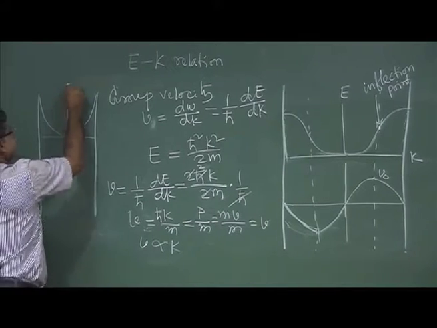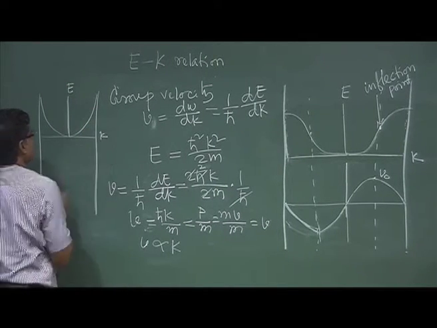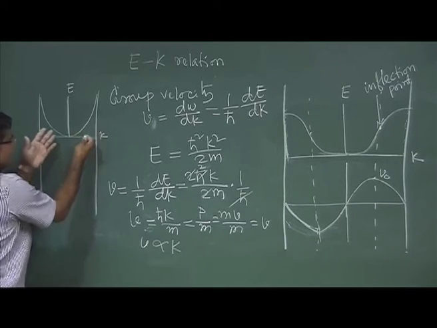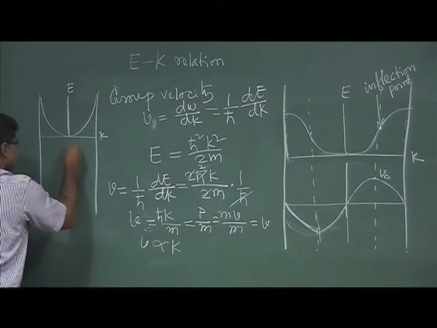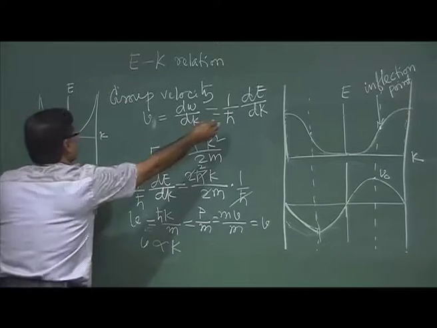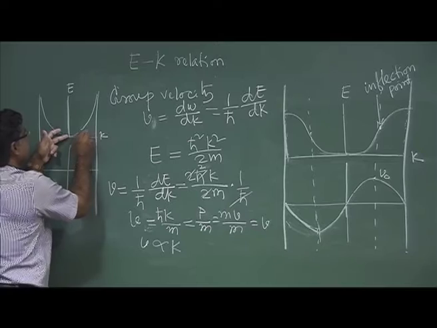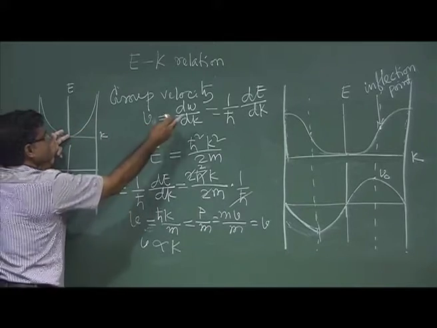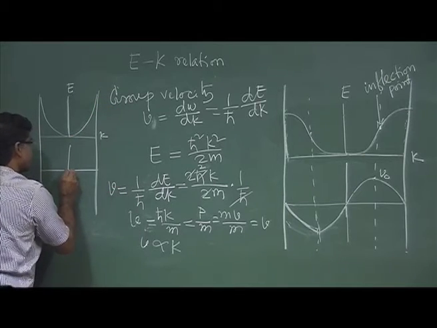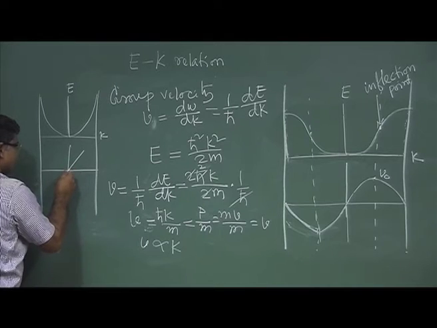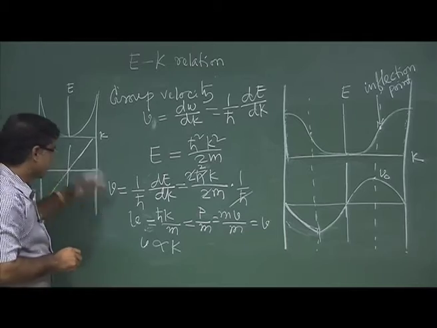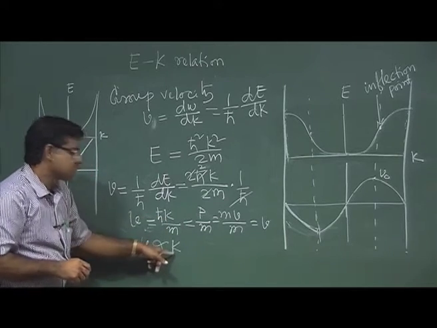Now the corresponding velocity, if you draw from here, you can see the slope is changing continuously. There is no inflection point. So, linearly it is changing.